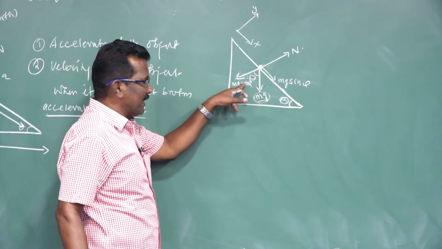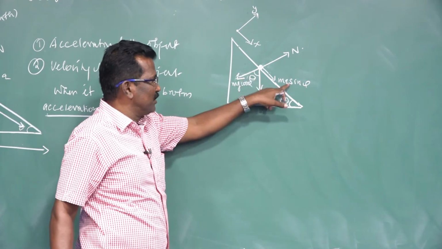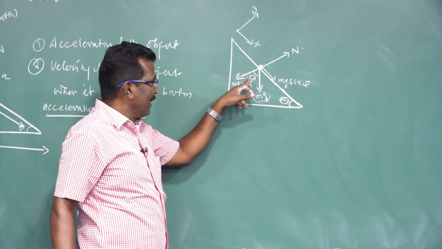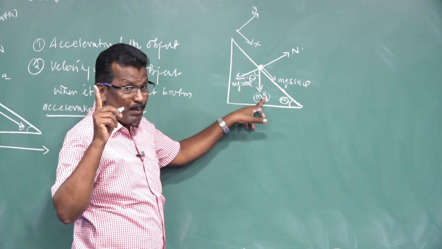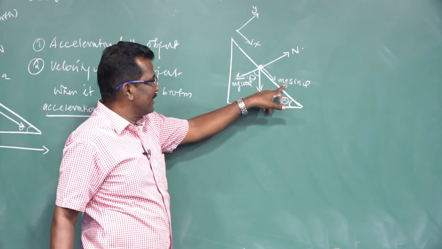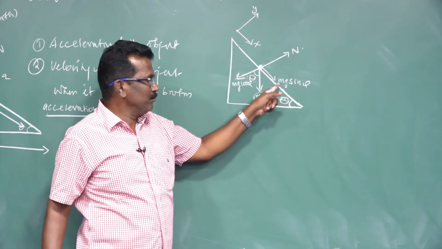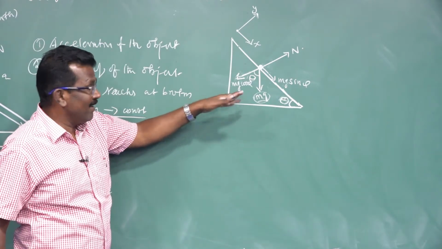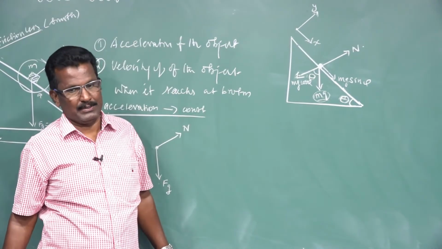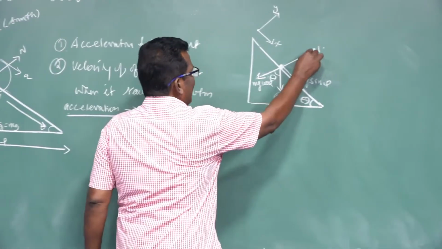Opposite of theta is the perpendicular, that's mg sine theta. So mg has been resolved into two perpendicular components, mg sine theta and mg cos theta. Mg sine theta acts along the inclined surface, and mg cos theta is perpendicular to the inclined surface. Okay. Now, let's see.